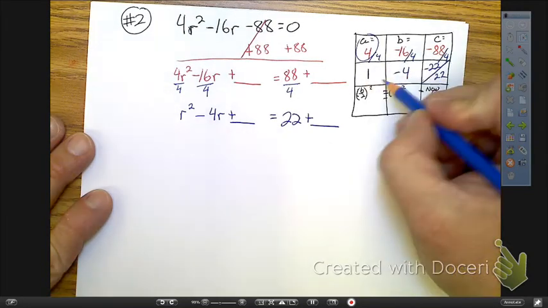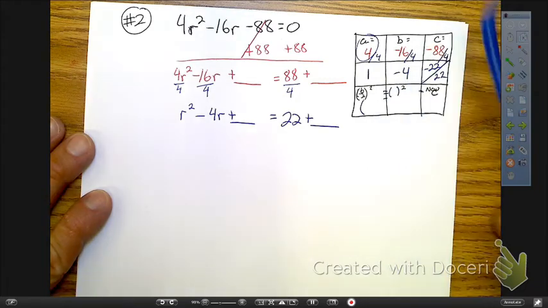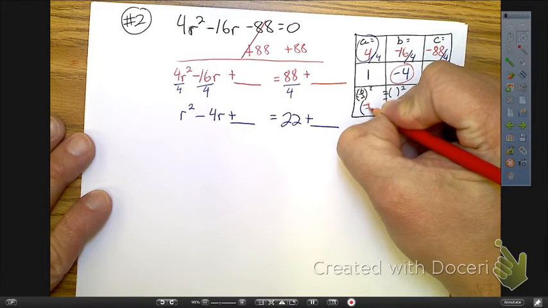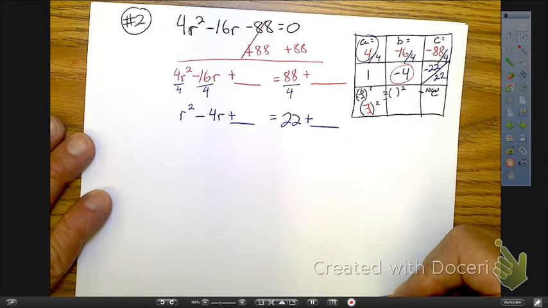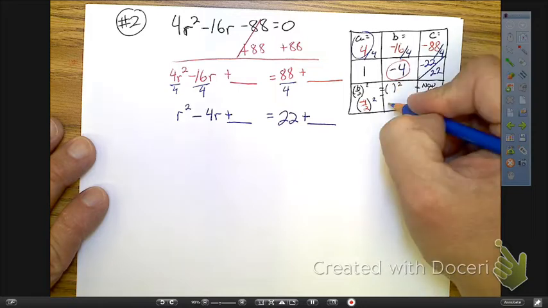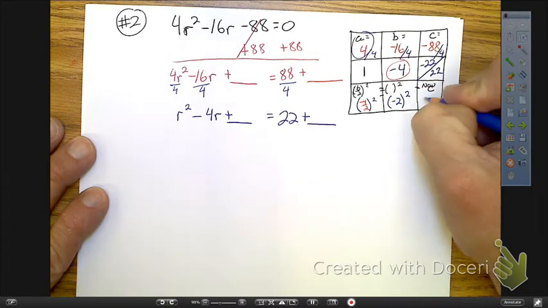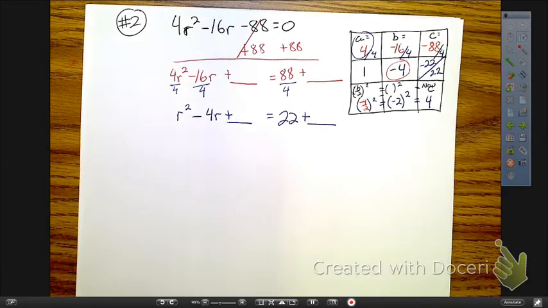So, b over 2 squared. Let's set up, and now we're going to use this b value, negative 4 over 2, and work on that. Negative 4 over 2 is just negative 2. Negative 2 squared is equal to 4. This number is our new c value.